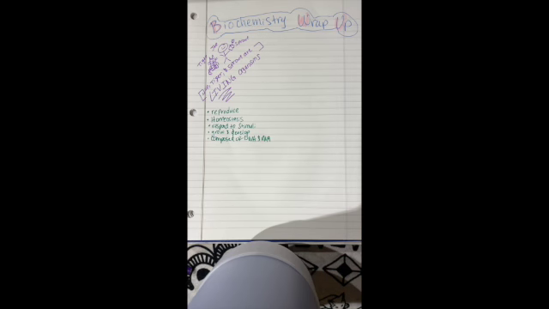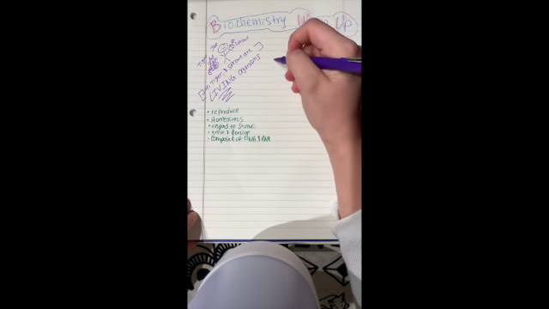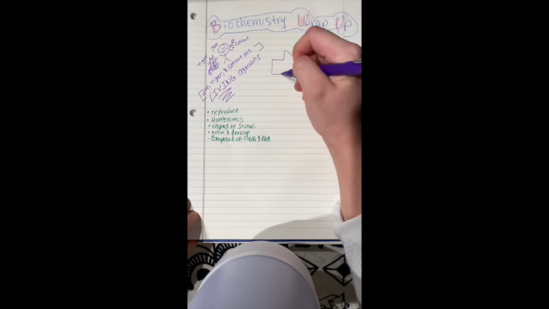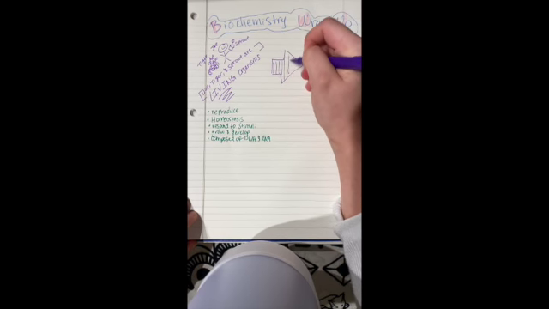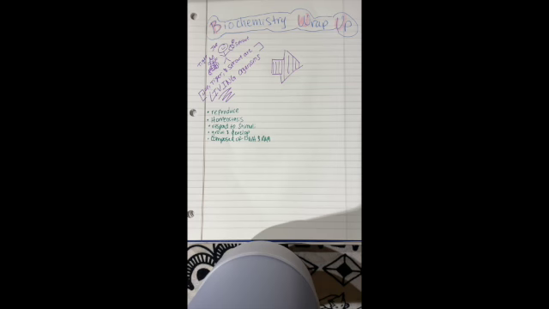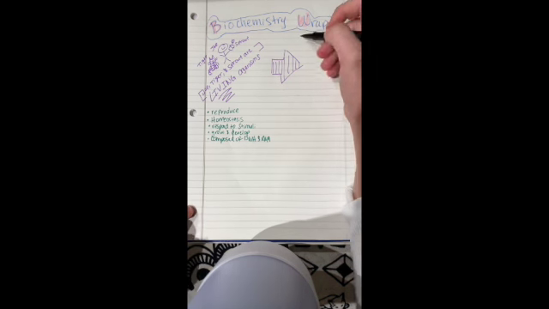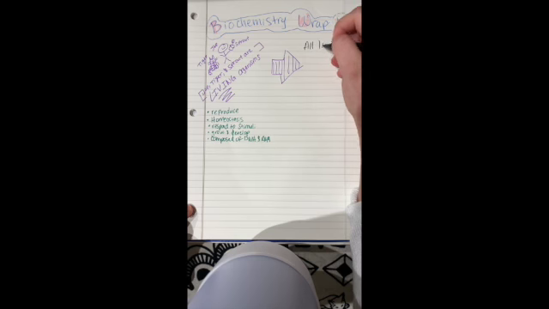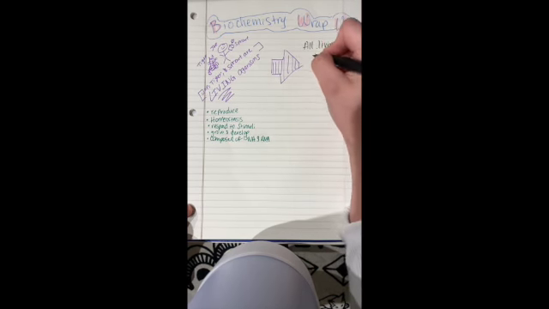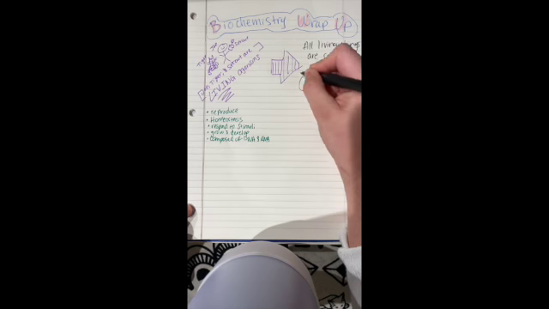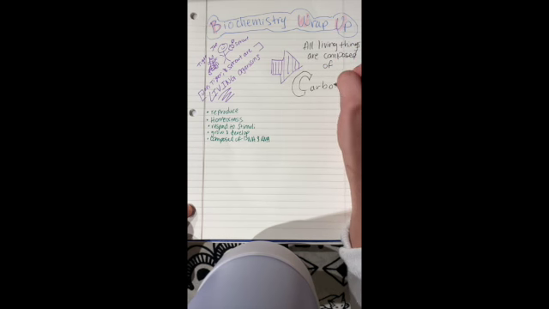That's just review. So what I want us to take from this is that, draw a little arrow here to our next concept, all living things are composed of carbon.